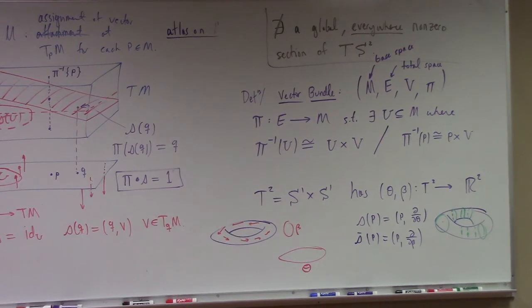And P is the total space instead of E. We're using P now where I was using E, all right? P is the total space. And pi is the bundle map. So usual notation for this is something like G, P, M, pi.